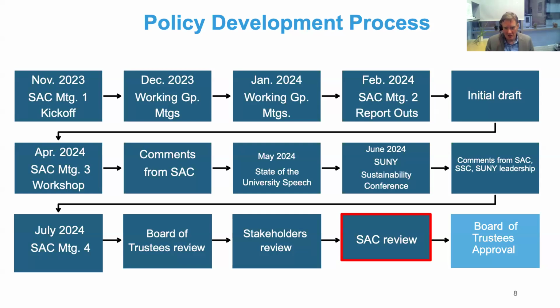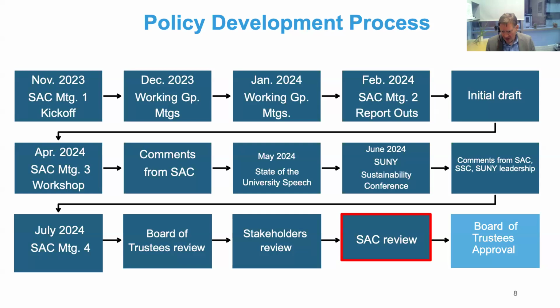We came up with an initial draft of the plan through a number of workshops. One of the things I wanted to highlight was a sustainability conference we had as a system, bringing together 80-plus, largely staff, from around the system to fine tune it before we released it for internal comments.